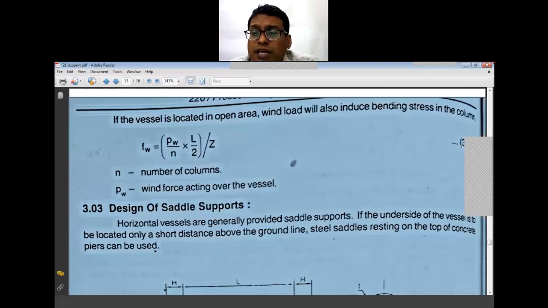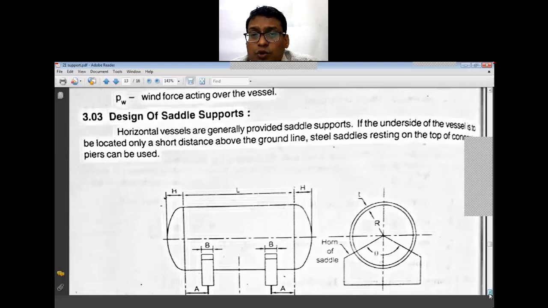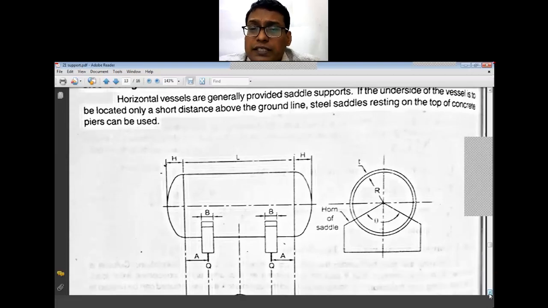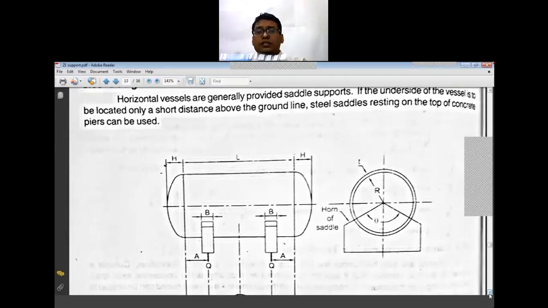Saddle supports are generally used for horizontal vessels. If it's a horizontal vessel, and to this horizontal vessel I am going to provide the saddle support. So these are the two saddles which are provided.